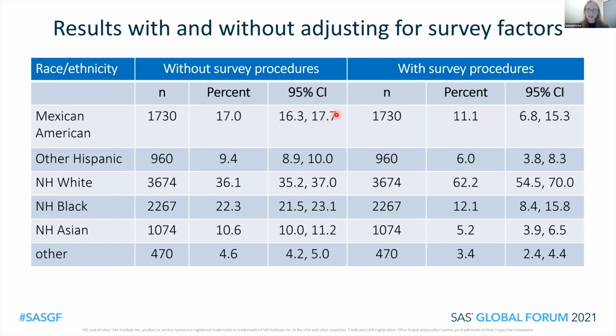And if we look at the 95% confidence intervals, we see that they're much narrower without survey procedures compared with survey procedures. This is because when we take into account the survey design elements, it adjusts for the fact that individuals within the same cluster or strata are more similar. And so the 95% confidence intervals are a little bit wider.